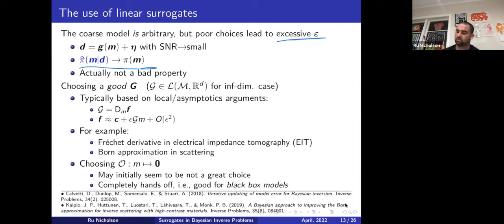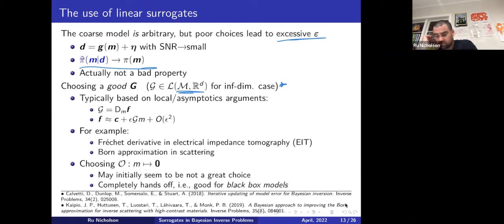Okay, so in terms of the linear case, just some notes here that this is all possible in the infinite dimensional case, where we would be considering G a bounded linear operator between some relevant spaces, but we can just think of it as a matrix for now. So how does one choose a good linear surrogate?